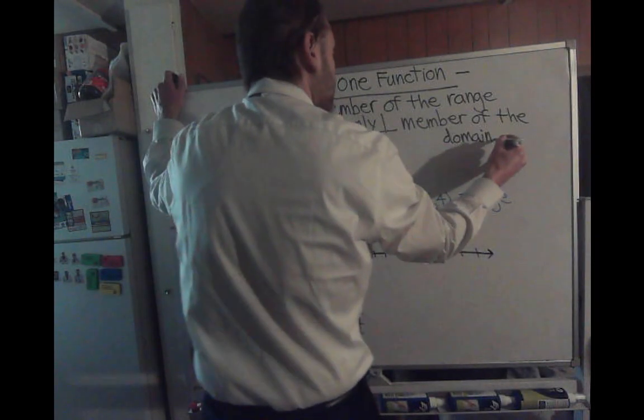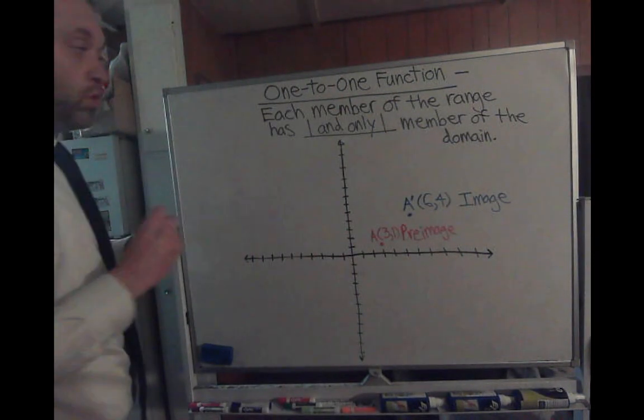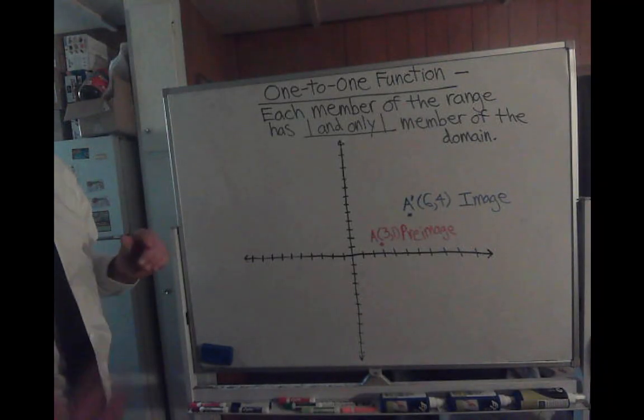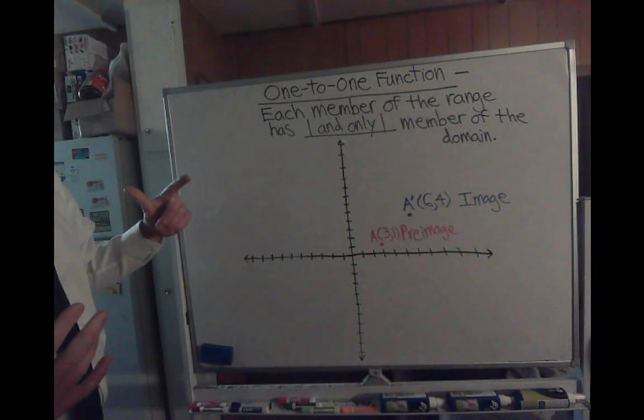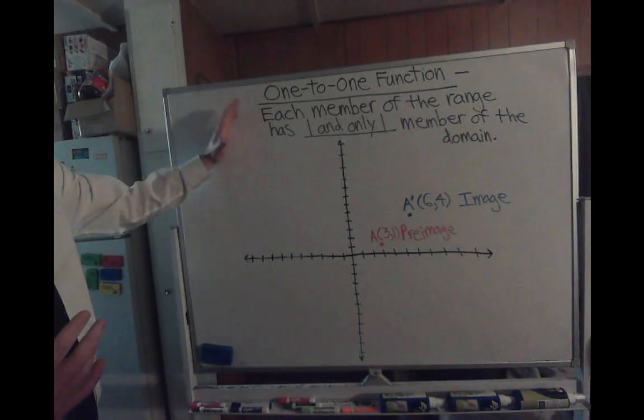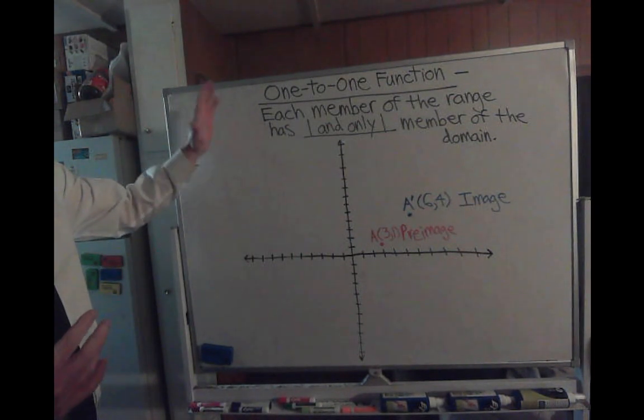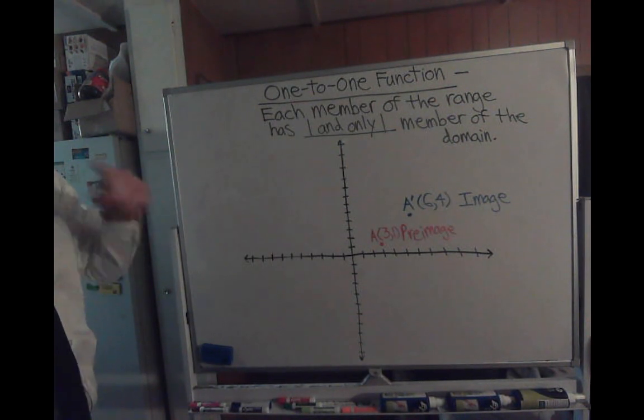That's what one-to-one means. So the first requirement is that it's a function itself. The second is that each member of the range has one and only one member of the domain. That's why it's called one-to-one.